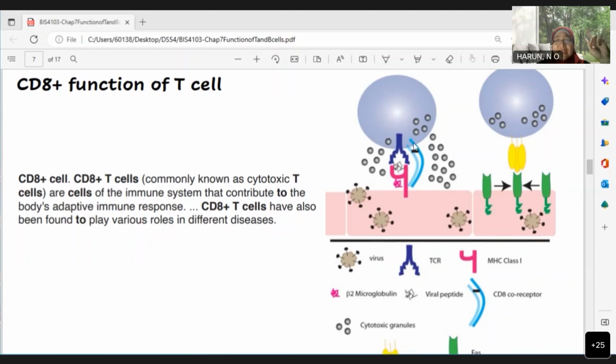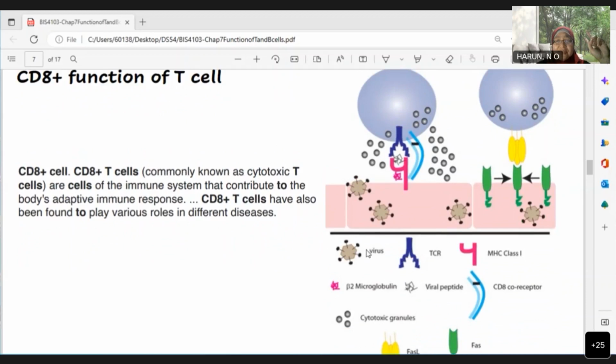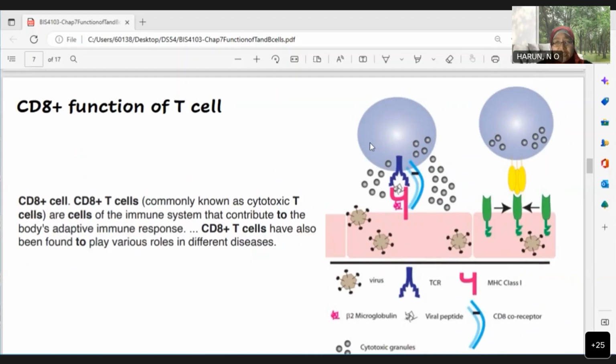Okay, as you can see, this is how it looks. Here we have the virus and the TCR. These are the symbols used in this particular image or figure. For this one, it is the virus, and the TCR for this one. If this is the TCR, then definitely this is an immature CD, either CD4 plus or CD8 plus, also known as cytotoxic T cells.